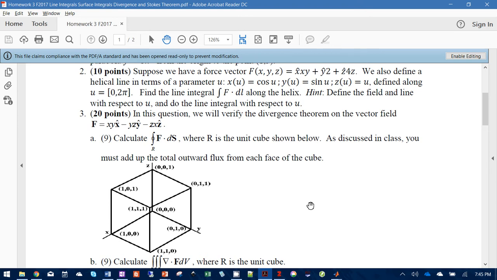The divergence theorem tells us there are two ways to calculate the total surface flux. One is to calculate the surface integral of a closed surface, and the other way is to calculate the volume integral of the divergence within the surface.